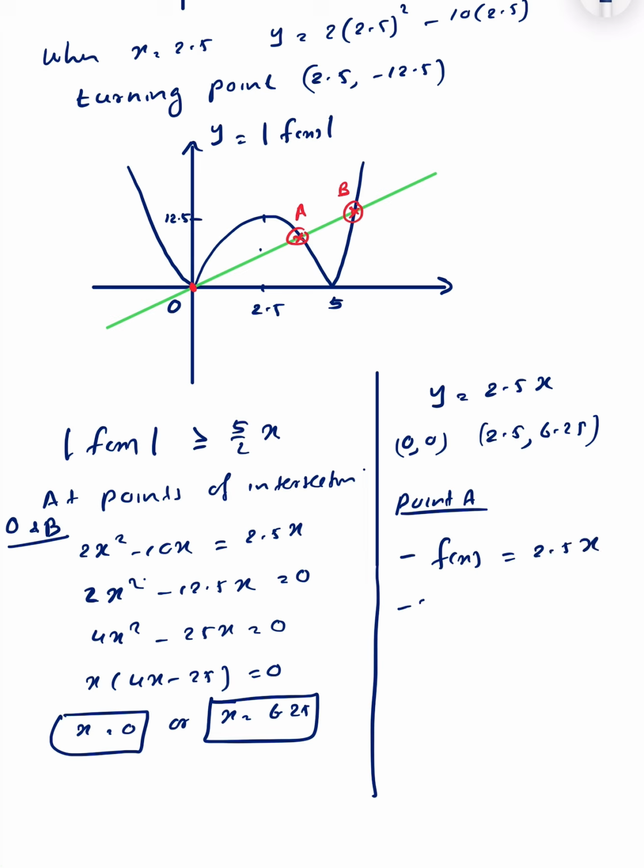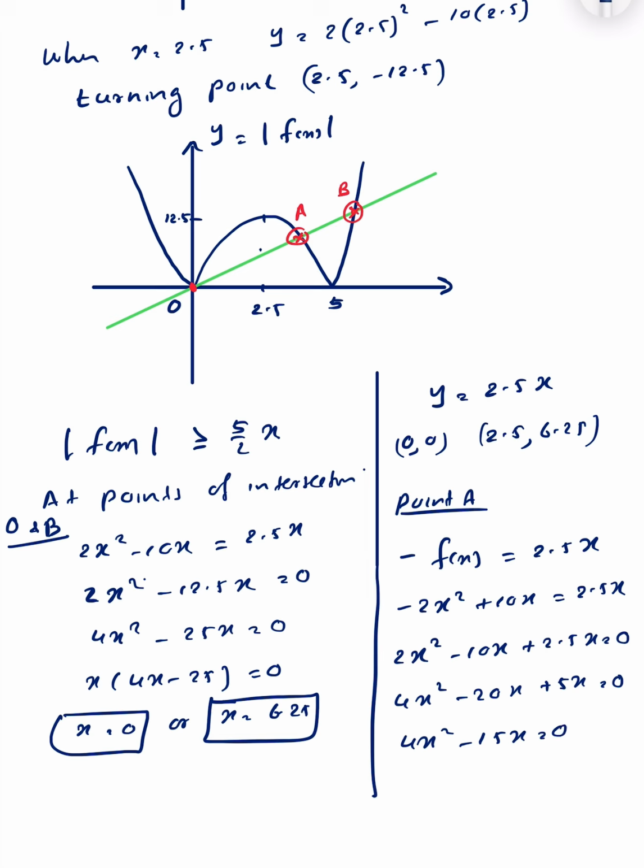Minus of f(x) would be minus 2x square plus 10x being equal to 2.5x. So you say 2x square minus 10x plus 2.5x equal to 0. So 4x square minus 20x plus 5x being equal to 0. So 4x square minus 15x is 0.